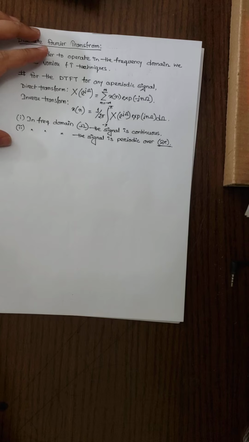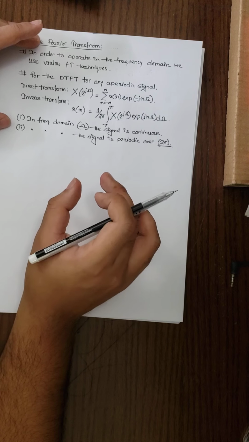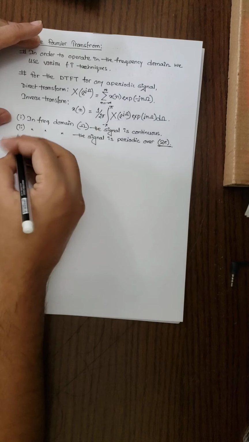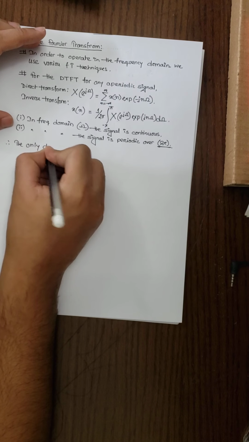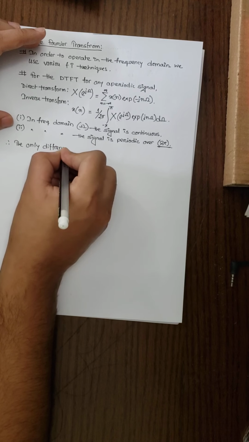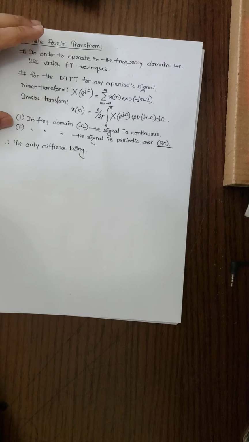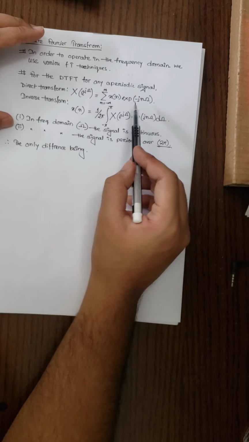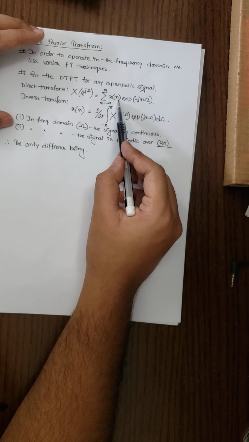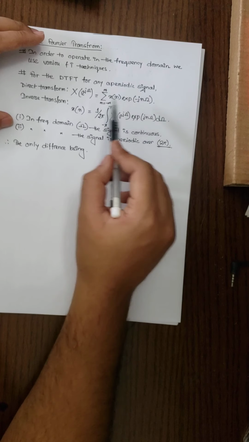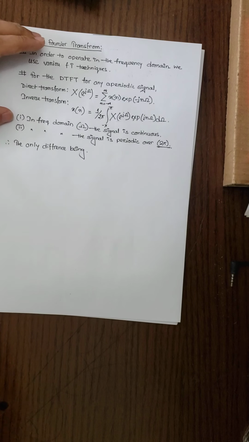Now, coming to the discrete Fourier transform, the only difference it has with the discrete time Fourier transform is this. In the discrete time Fourier transform, in the direct transform, we give x of n, which is a discrete signal, and consequently get the output as a continuous frequency domain amplitude and magnitude.